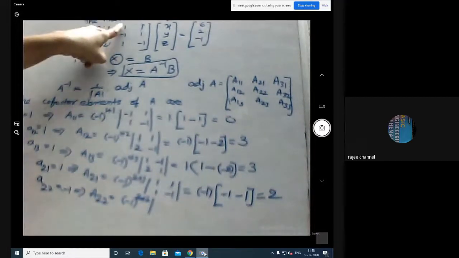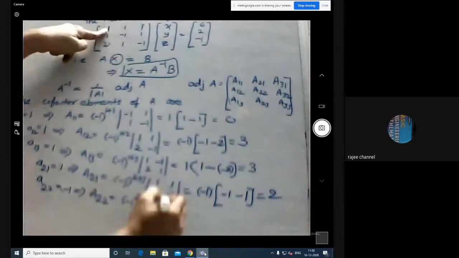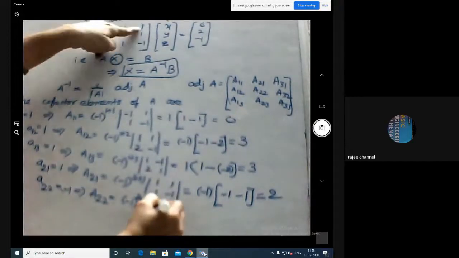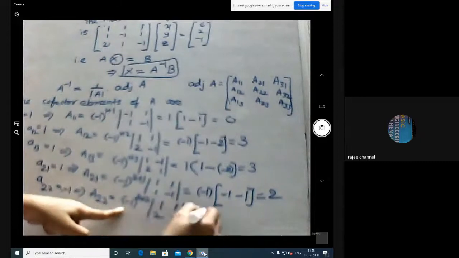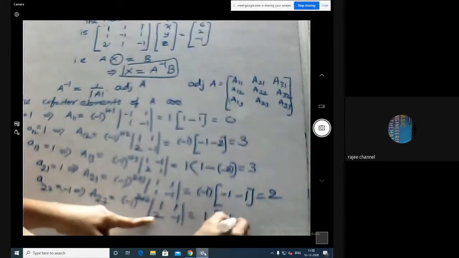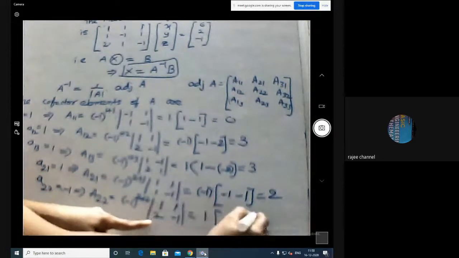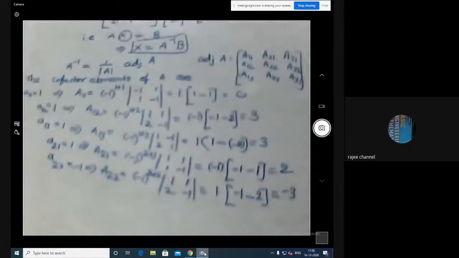Determinant, removing the second row and second column. The remaining elements are taken as the determinant values 1, 1, 2, -1. So -1 whole power 4 is positive 1. 1 into -1 is -1, minus 1 into 2 is 2, so we get -3, and -3 into 1 is -3. So like that, all the values we can find.